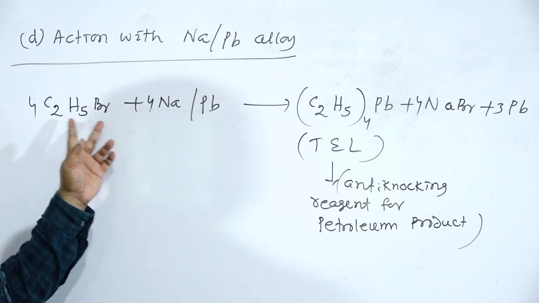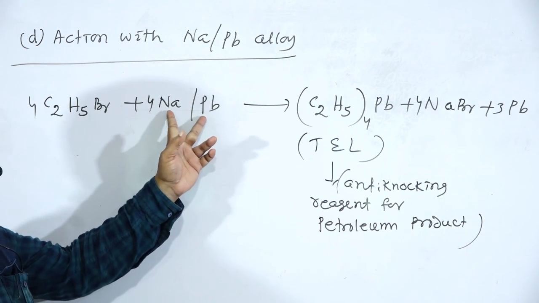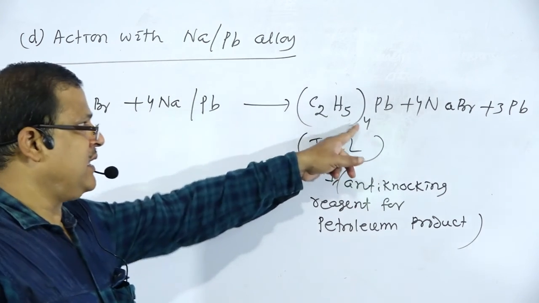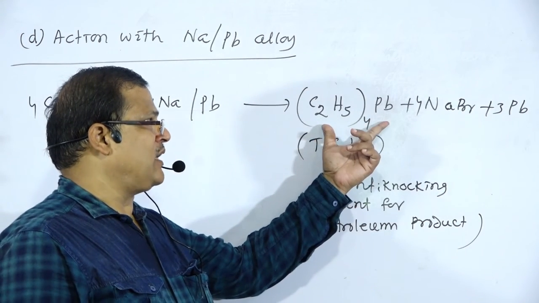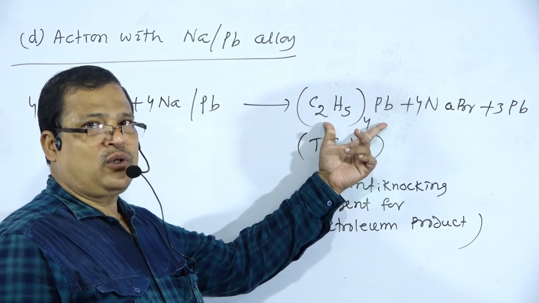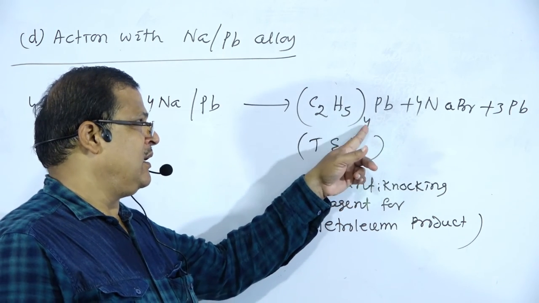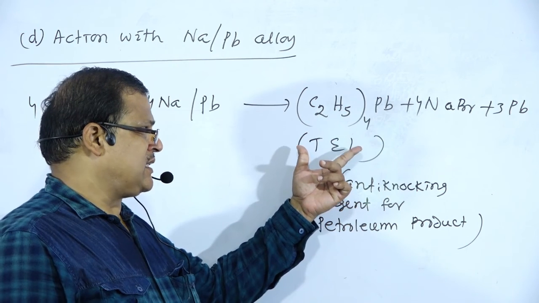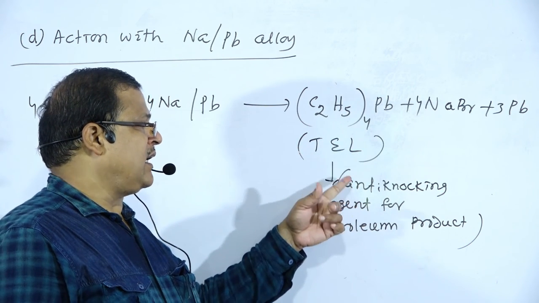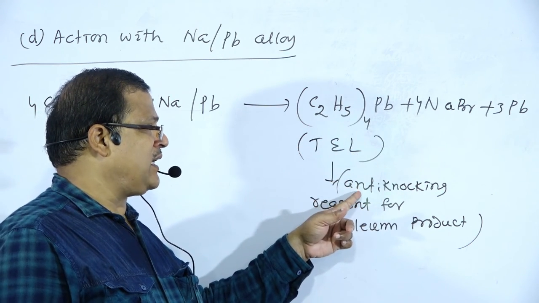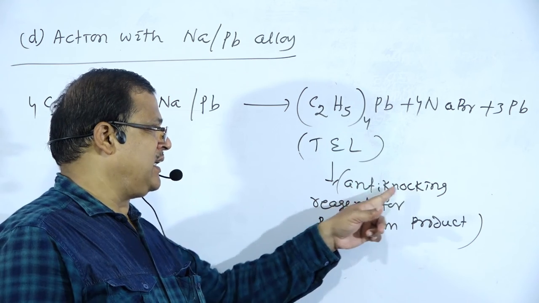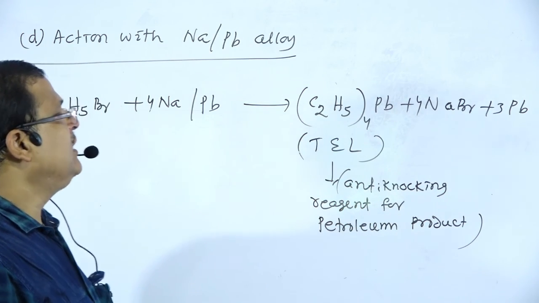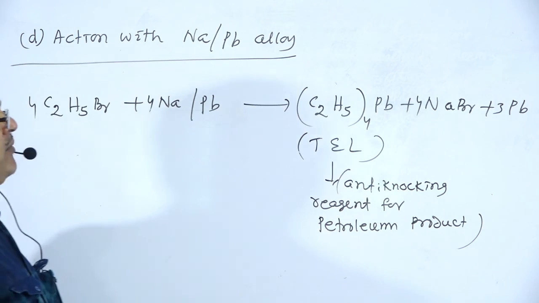Ethyl bromide reacts with sodium lead alloy to form tetraethyl lead. This is also an organometallic compound. Tetraethyl lead, otherwise known as TEL, is used as an anti-knocking reagent for petroleum products. So this is regarding action with metals.